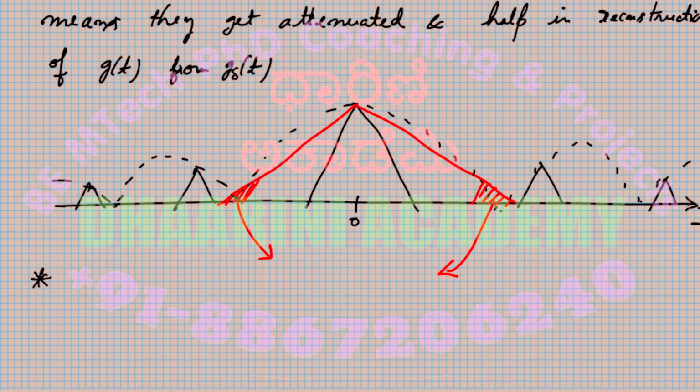If the first lobe of your sinc function falls well inside the first spectrum that is located at f equal to 0, we lose the high frequency content. It is called the aperture effect. This is important. You need to mention this.